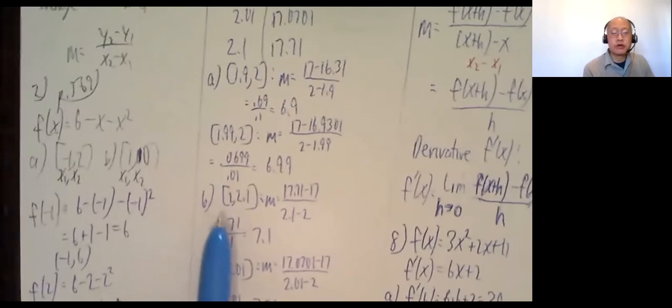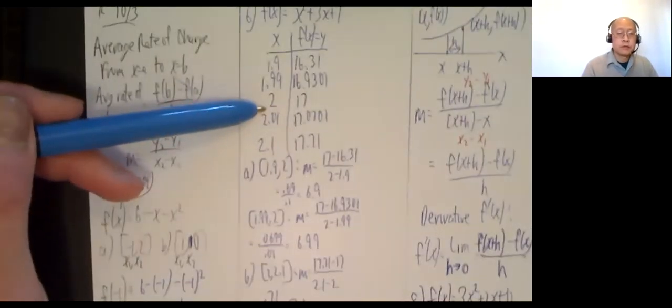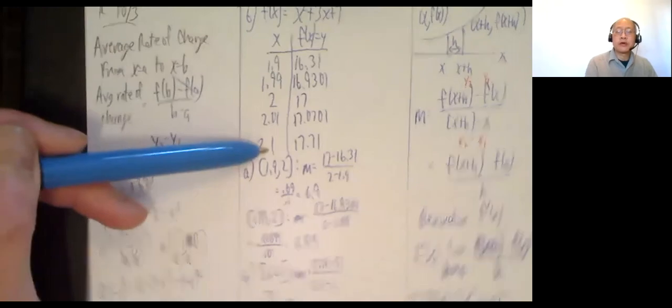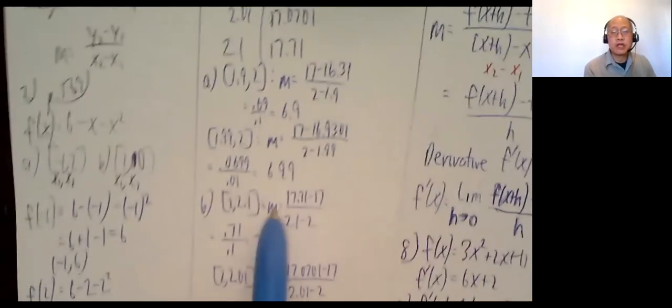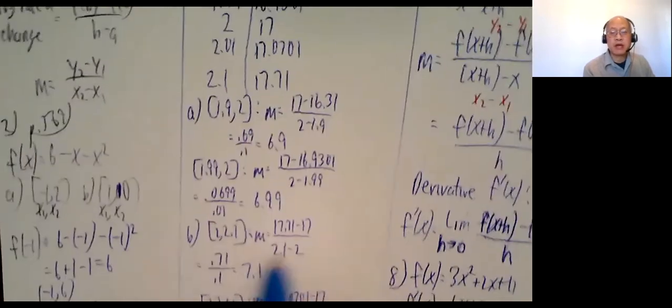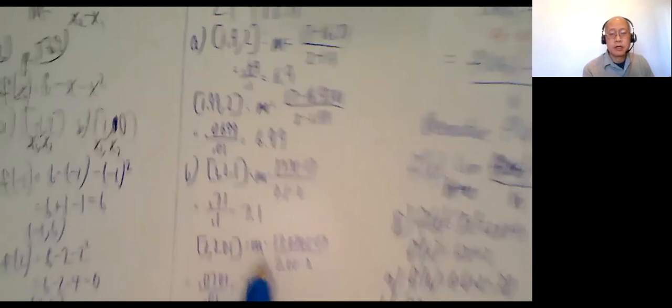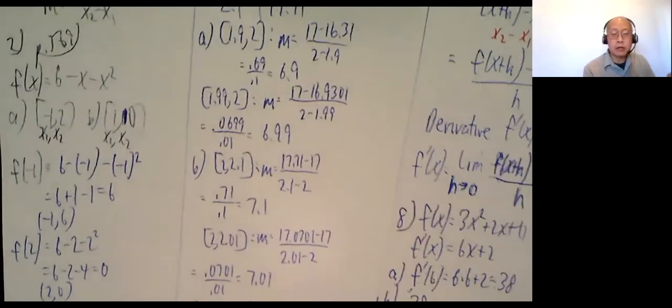Then it said from 2 to 2.1. Notice they're always picking the 2. So from here to here: (2, 17) and (2.1, 17.71). So 17.71 minus 17 divided by 2.1 minus 2, 7.1.